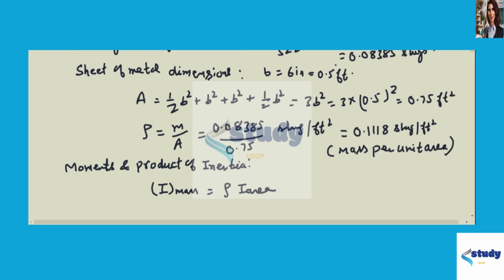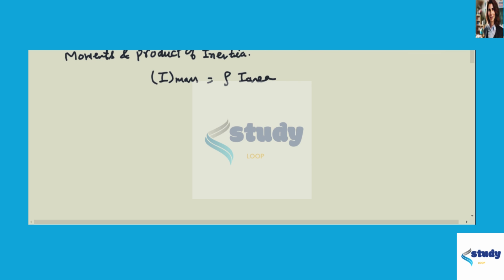Let us see here the moment of inertia of this portion separately. I am drawing here geometrically. This is b, this is b, each dimension is given b. This is your x-axis, this is your y-axis.